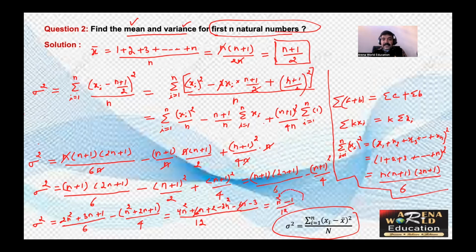And this is your required variance for first n natural numbers. Calculation is lengthy, but question is very good, right? So you have to remember all these formulae, and step-by-step calculation will help you to get the correct answer, right? I hope everybody is clear.